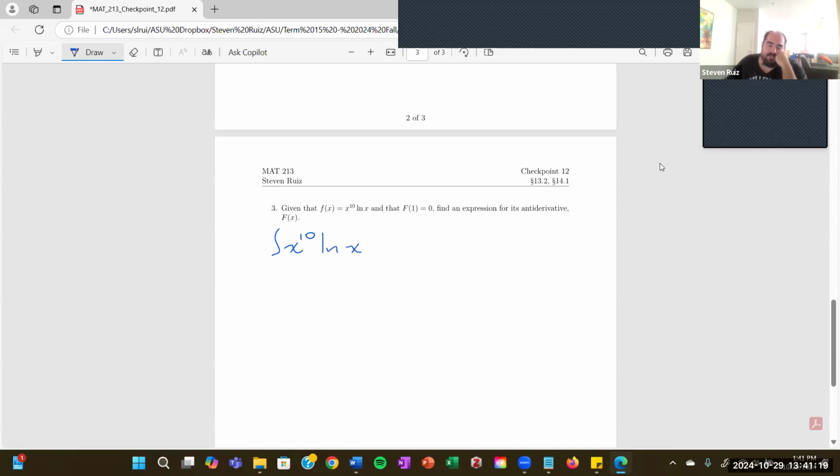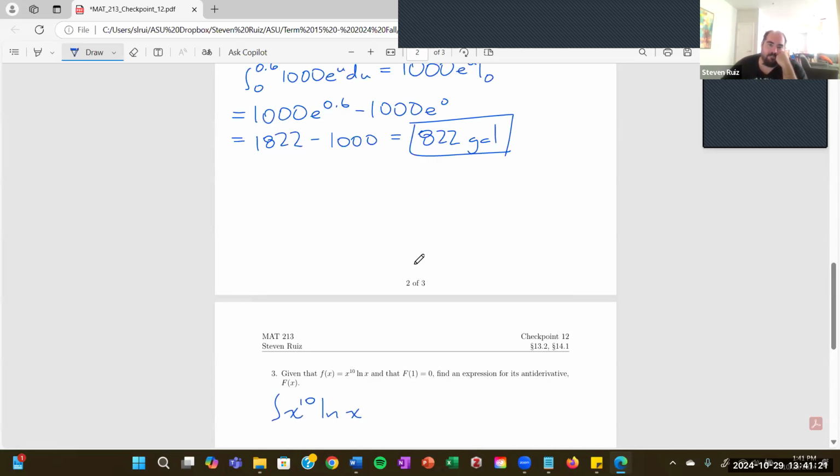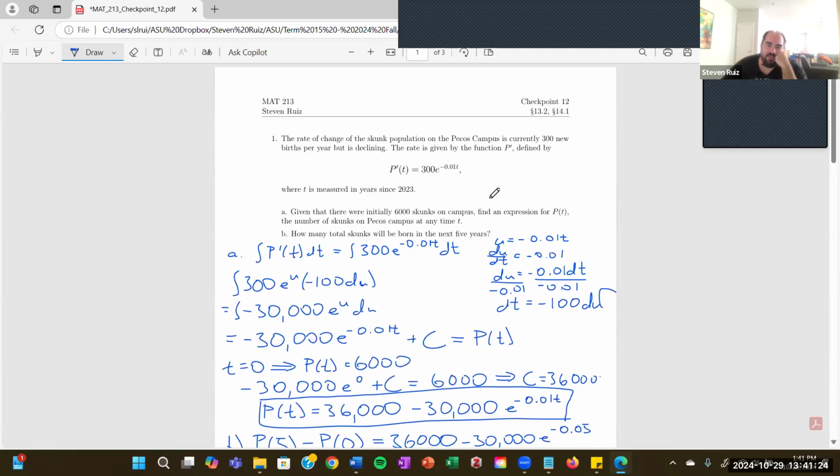So I just used integration by substitution twice. And why did I know I could use integration by substitution? Well, what told me I could use integration by substitution is that basically I had a composition of functions. I had an outside function, which in this case was 300e to the x.